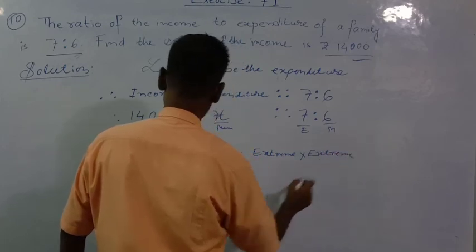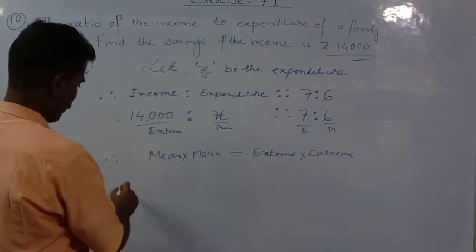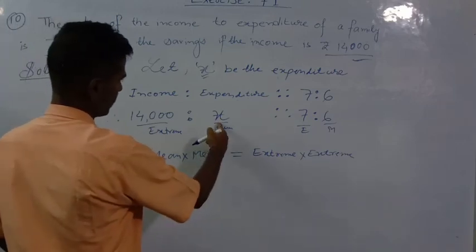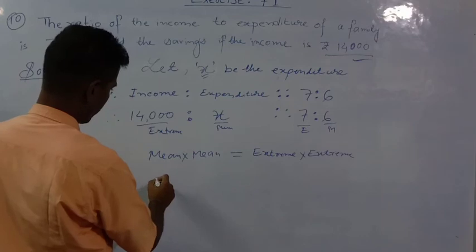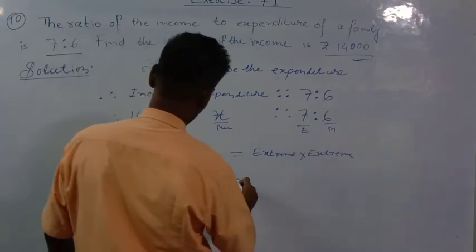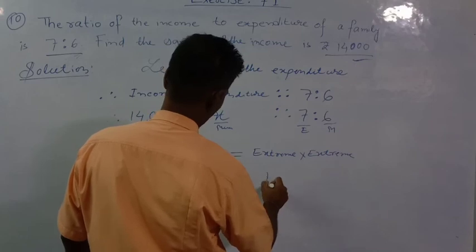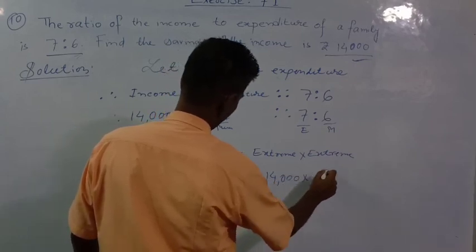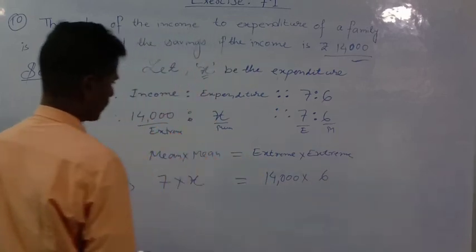Here the means are X and 7. So what we can write? 7 into X equals 14,000 into 6.